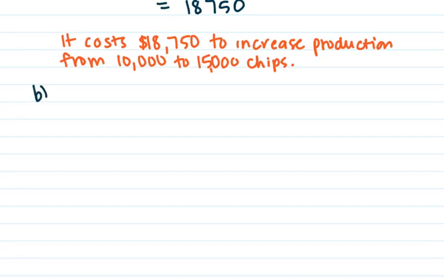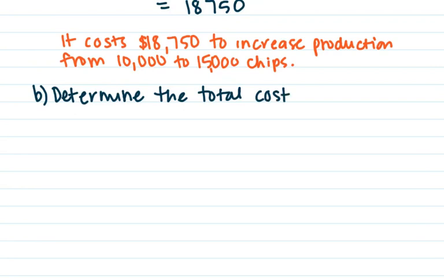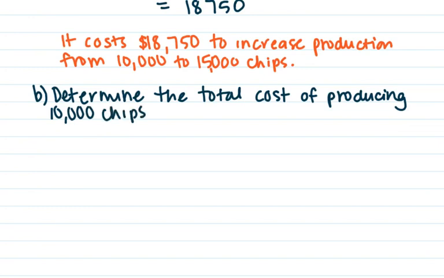Which says determine the total cost of producing 10,000 chips when C of 1 equals 35,000.